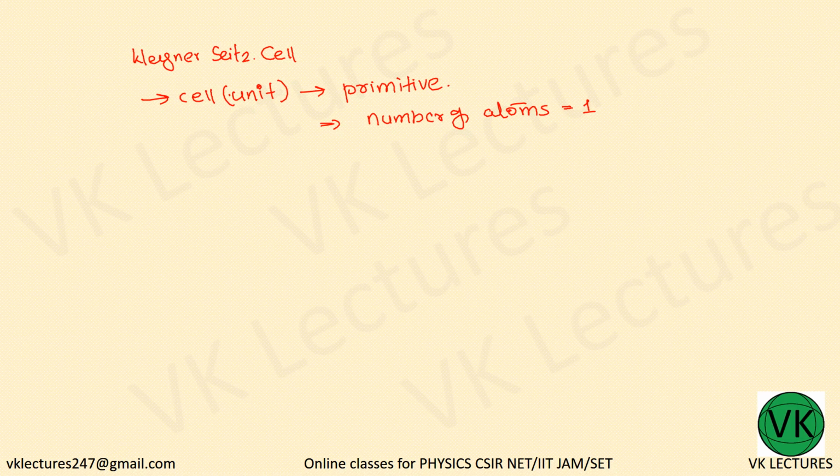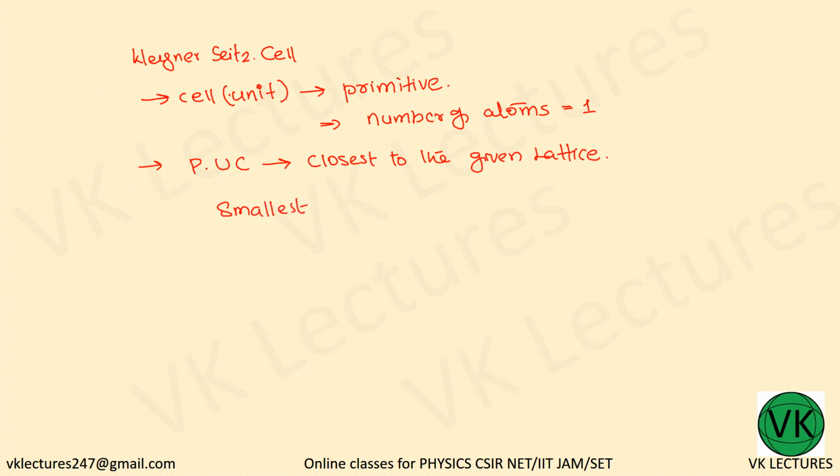And this is one such primitive unit cell which is closest to the given lattice. This is the smallest possible cell.